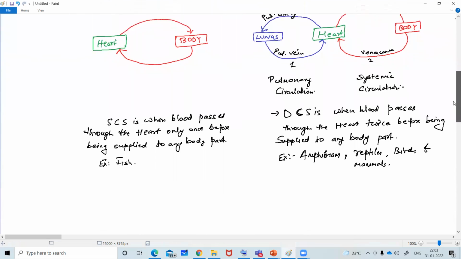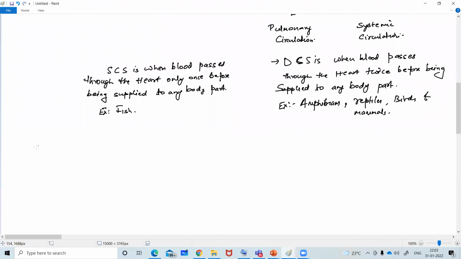So let's begin with the structure of heart in different vertebrates.